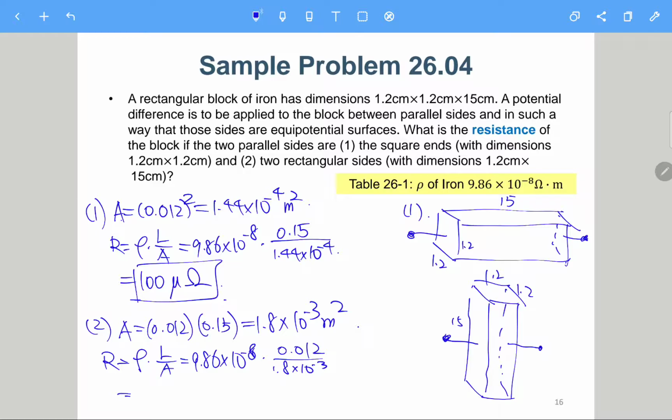So R in this case is 0.65 microohm, which is much smaller, 116 times smaller.